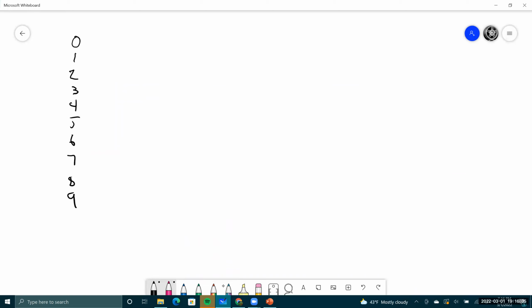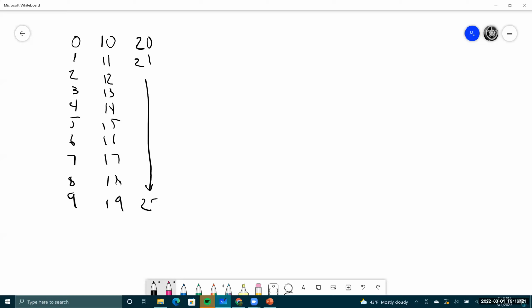And then the next number would be 10, right? 11, 12, 13, 14, 15, 16, 17, 18, 19. And then we have 20, 21, all the way down to 29. Okay, so why is it called decimal? This is a review. It's called decimal because there are 10 distinct digits here, right? So that's why it's called decimal.